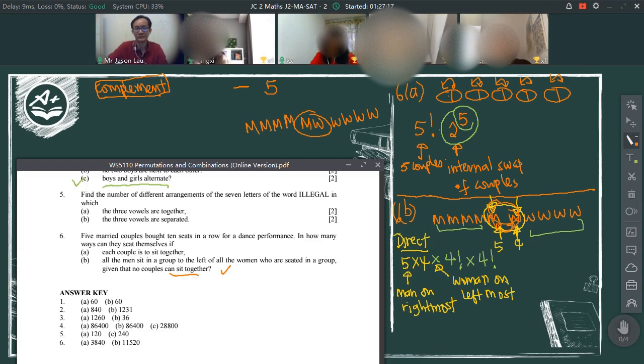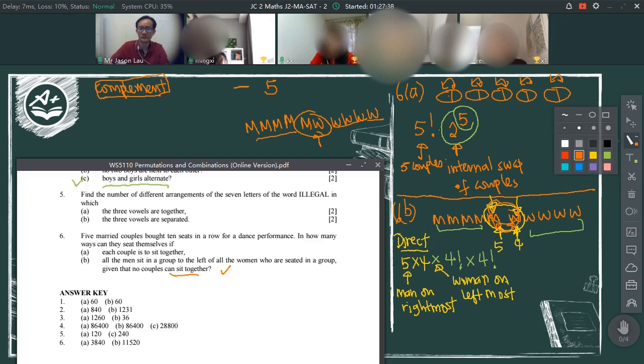Find the total. Yeah, no, something else, right? You cannot just leave the couple here and then happily they are seated there. The rest must also sit. The husband and wife are here, but the man and the woman, all 8 of the rest must also be arranged. How to arrange?